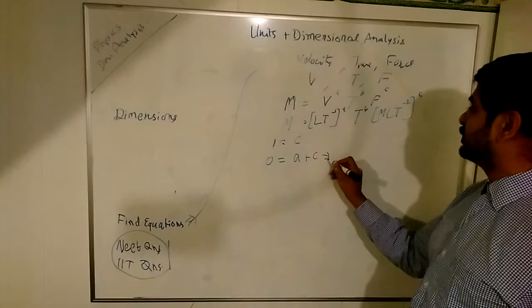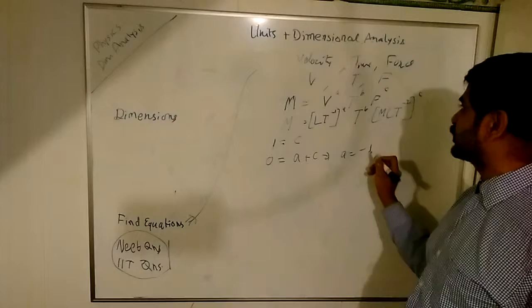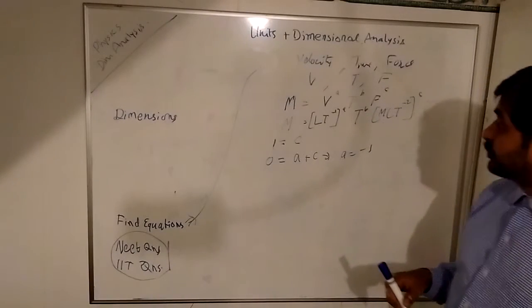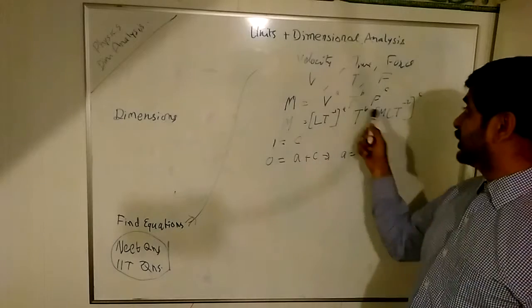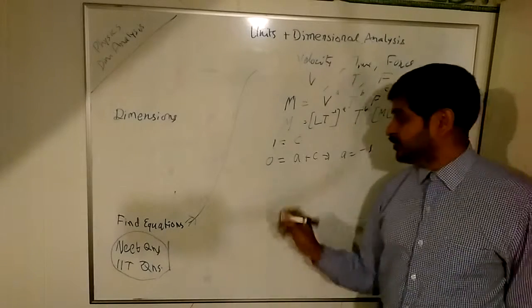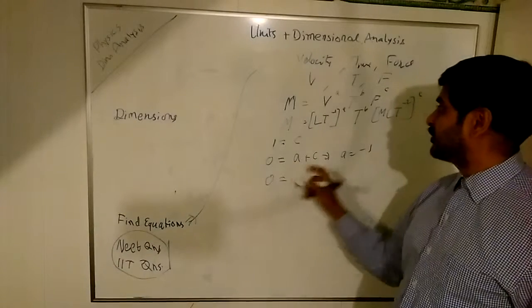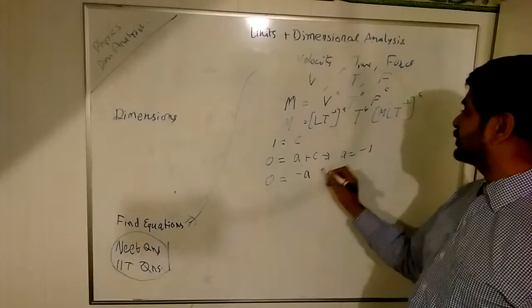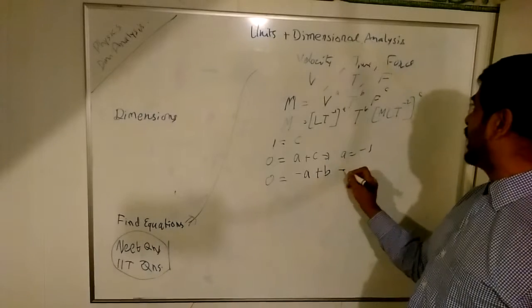This implies a is equal to minus 1. One more quantity we need to find is b. So for that we will have the power of the time. It is 0 here, and the power of the time is minus a here, and then plus b, and then minus 2c.